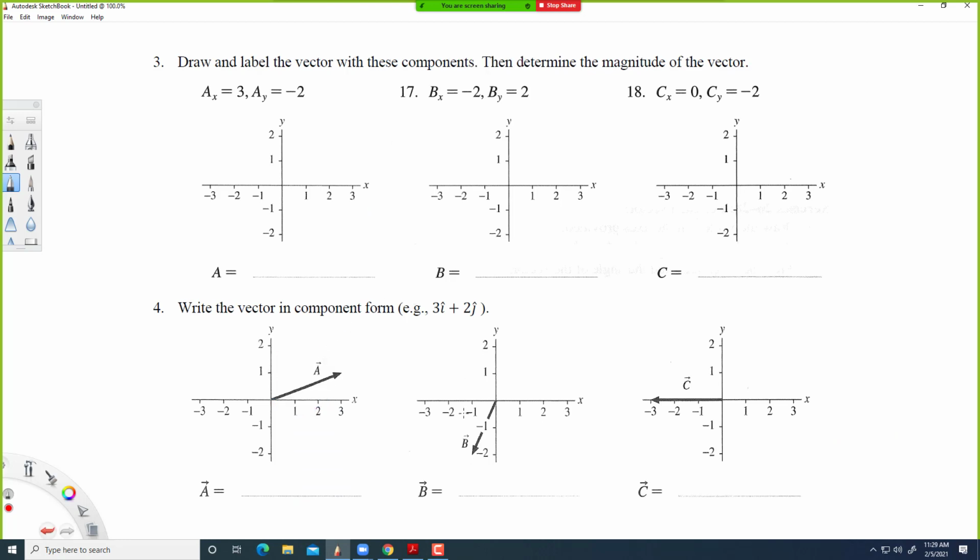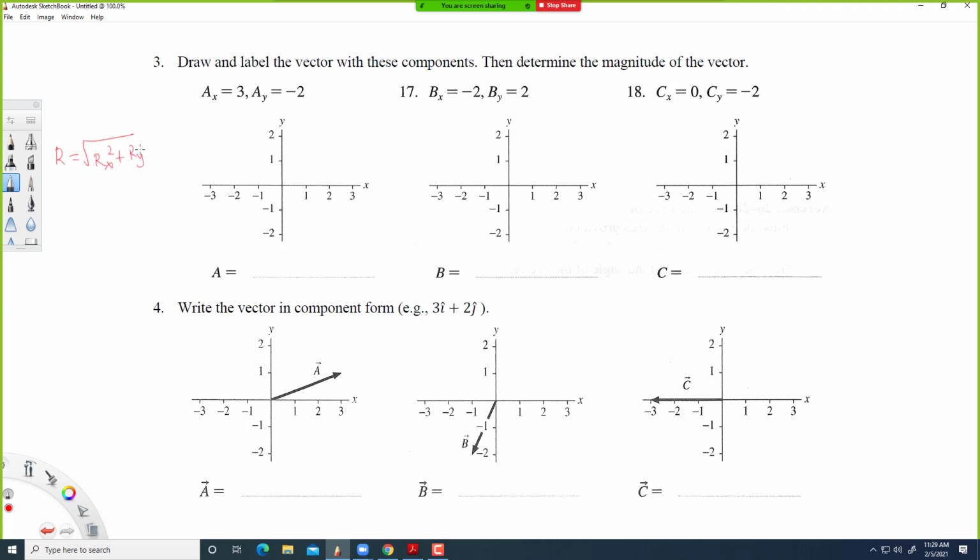Here we need to find the magnitude of the vectors. We are given the components, and from the components we need to find the magnitude. It's pretty straightforward. You can use the Pythagoras Theorem. So resultant is the square root of rx squared plus ry squared.